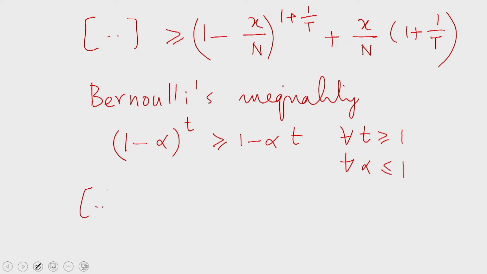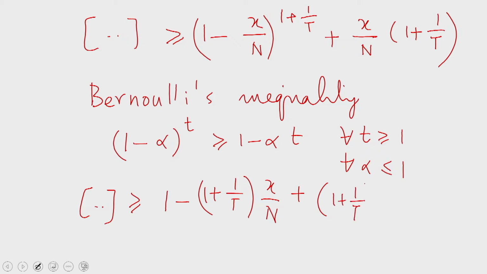That establishes that the quantity within the square bracket is greater than or equal to 1 minus (1 plus 1 by t) into x by n plus (1 plus 1 by t) into x by n, which is equal to 1.